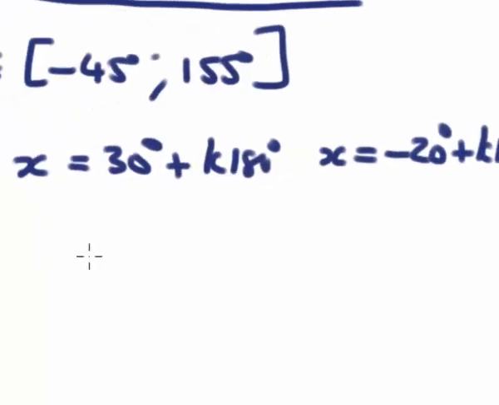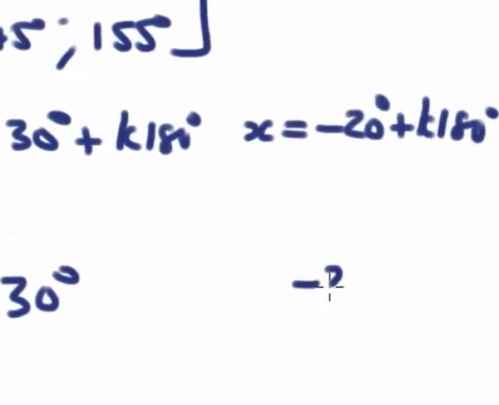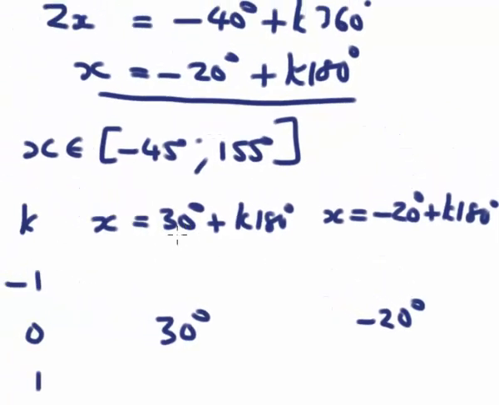And now the trick is to work out the actual angles given the values of k. These are the values for k, because k are integers. Well, if it's naught, the answers here would be 30 and negative 20. If that's negative 1, 30 plus negative 1 times 180 would be 30 minus 180, which is negative 150. This one would be minus 20 minus 180, which is minus 200.